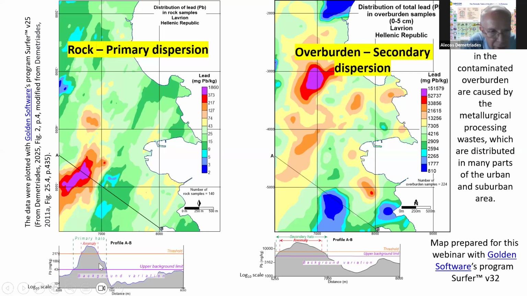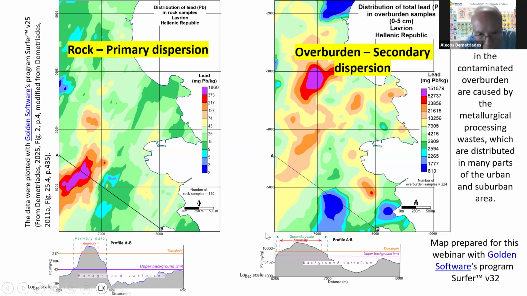Now, if you see the sections below, and of course the geochemical maps, there are distinct differences, especially in the level of concentrations. If you see the maximum concentration in the rocks is 1,860 ppm, whereas in the overburden sample is almost 15%.